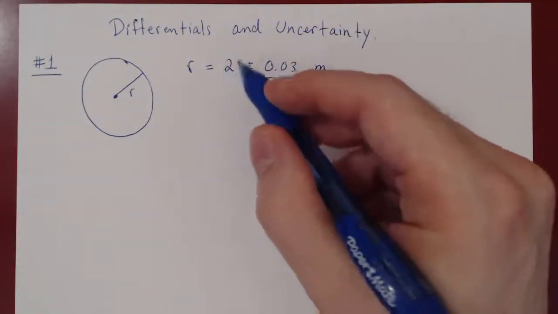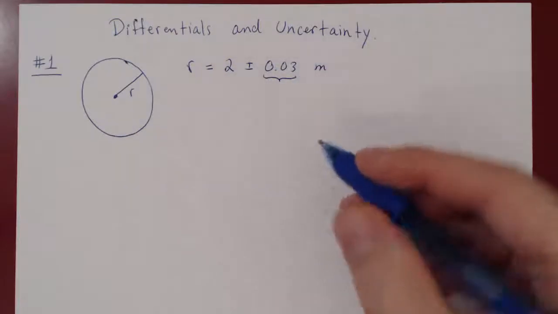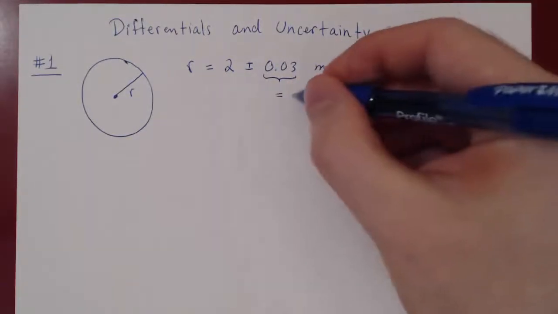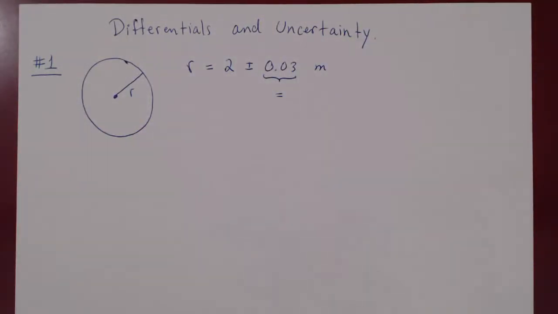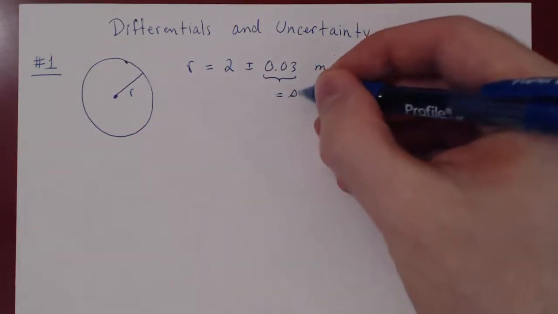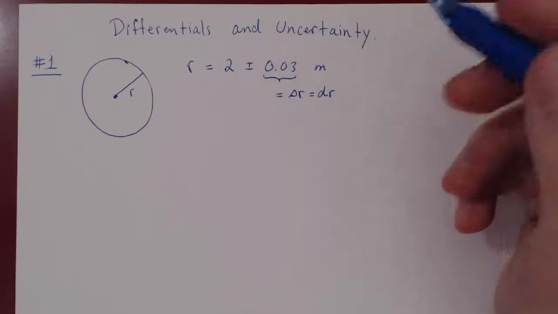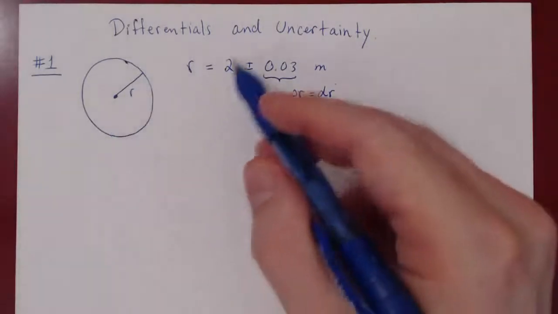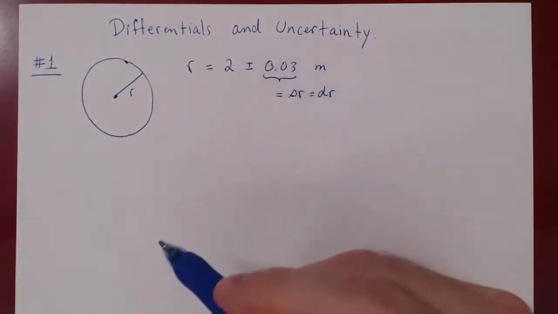The answer is 2 up to a change in either direction of 0.03 meters, and change of course is d or delta. Since r here will play the role of the independent variable, delta r is equal to dr. Same thing. So suppose we find the radius of the circle, 2 meters plus or minus 0.03 meters, the uncertainty.